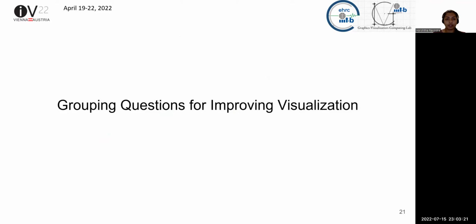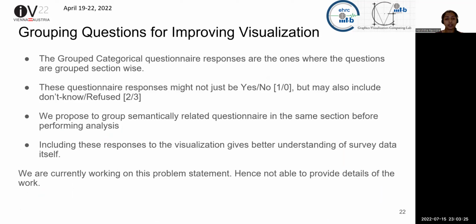Grouping questionnaires for improving visualization. Group questionnaire responses are the ones where the questions are to be grouped section-wise. These questionnaire responses might not just be yes or no, but also include don't know, refused, unknown, or any other additional options.